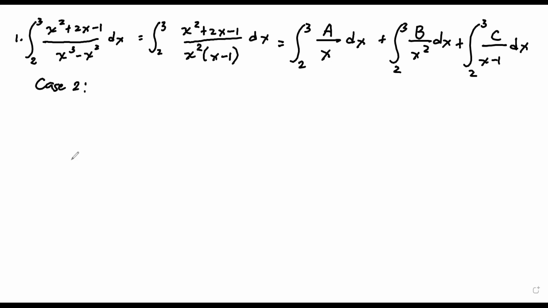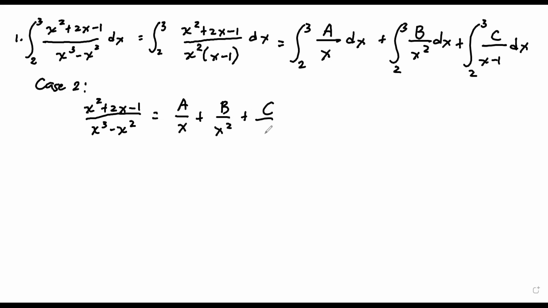So how are we going to find the values of A, B, and C? Using partial fraction again, just copy the given: x squared plus 2x minus 1 over x cubed minus x squared equals A over x plus B over x squared plus C over x minus 1.